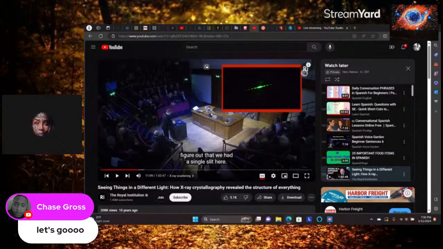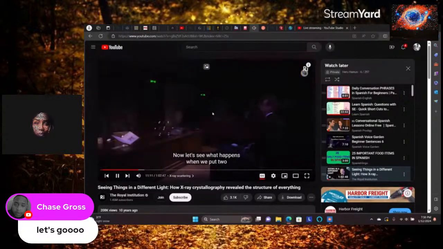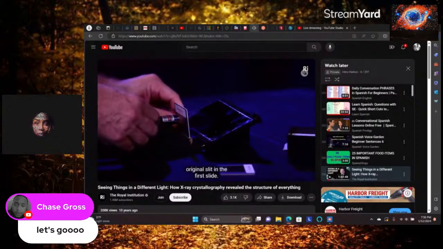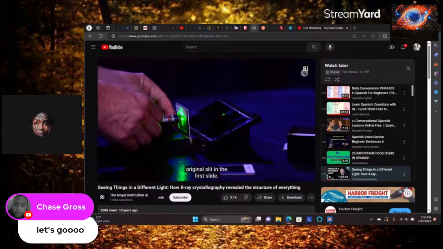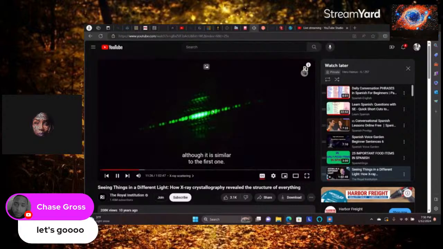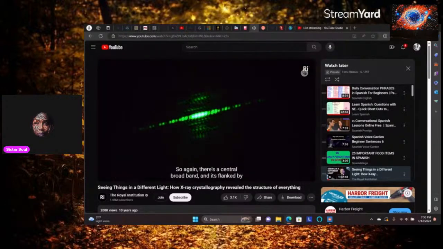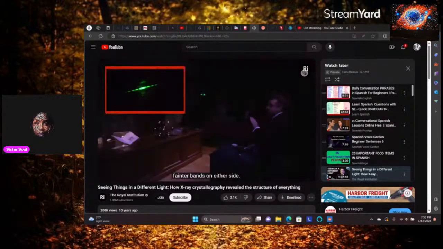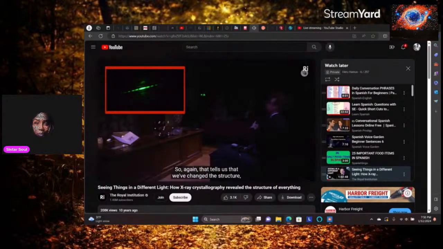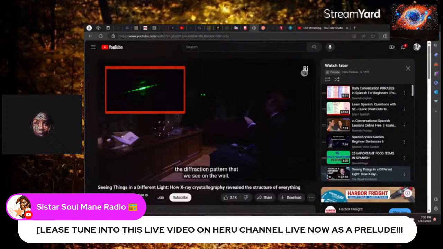points in this video. Now let's see what happens when we put two slits into the beam. So these are just two slits, both the same width as the original slit in the first slide. And now we can see that there is a different pattern, although it is similar to the first one. So again, there's a central broad band, and it's flanked by fainter bands on either side. But now each of those bands is actually split into a series of dots. So again, that tells us that we've changed the structure here that's doing the scattering, and that changes the diffraction pattern that we see on the wall.